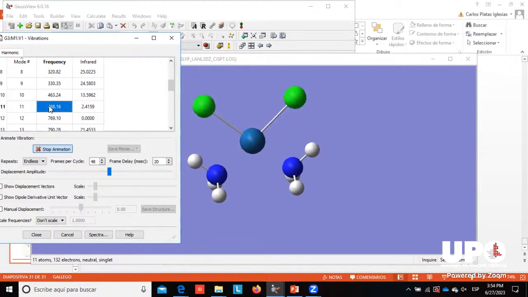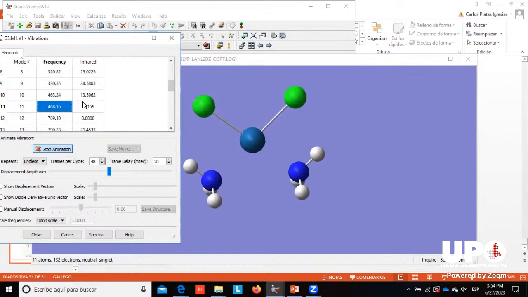Okay, and I suppose in your trans isomer, these vibrations are degenerate for you, or not? So you have just one. Well, they are not degenerate, but the infrared intensity is 0, right? Yes.